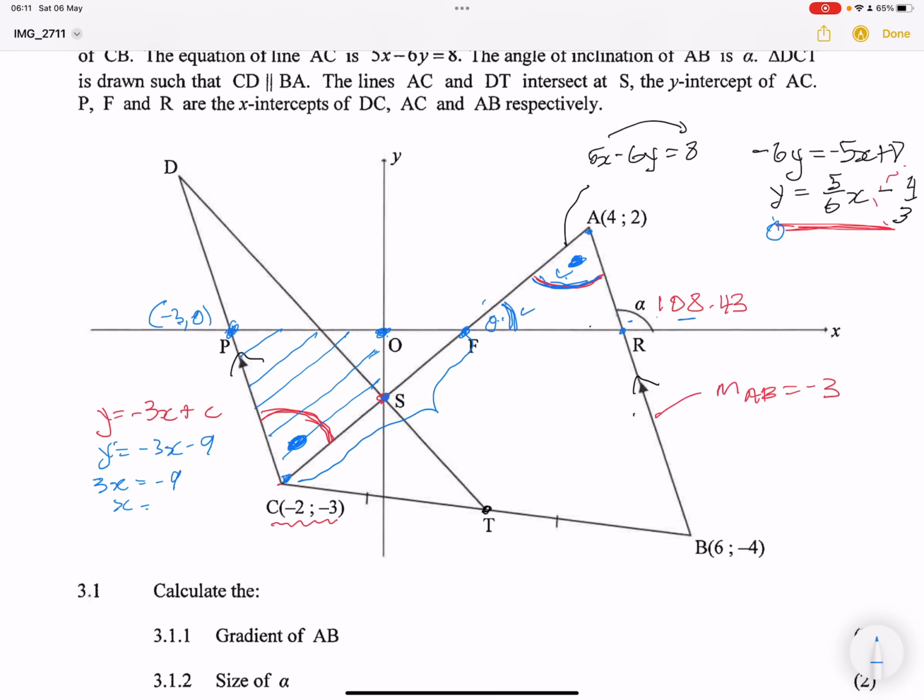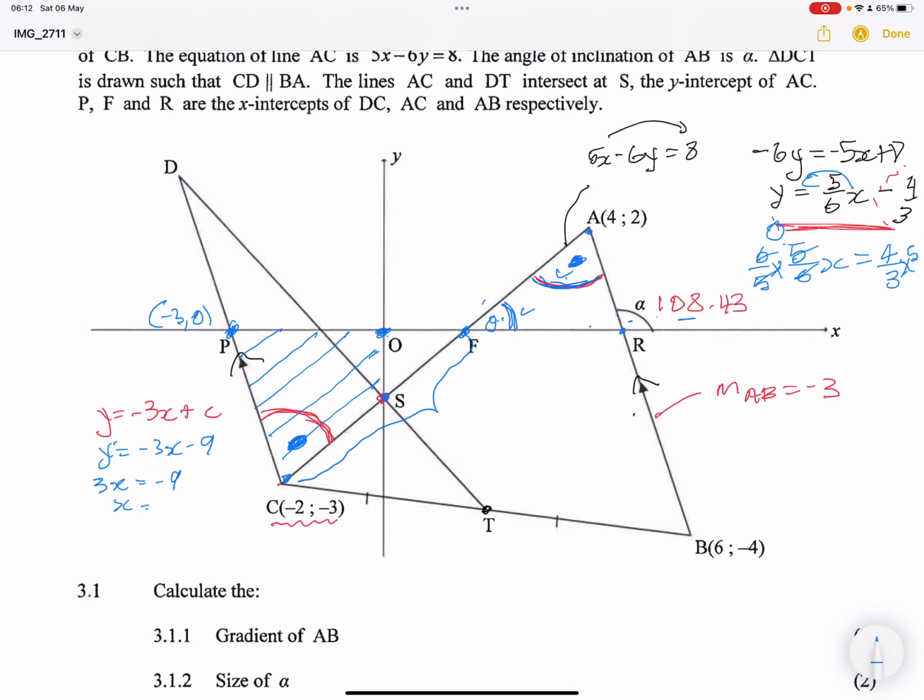I've got 5 over 6x is equal to 4 over 3. Taking this to the other side, I'll multiply both sides by 6 over 5, sorry, 6 over 5, not 5 over 6, so that I get rid of this.